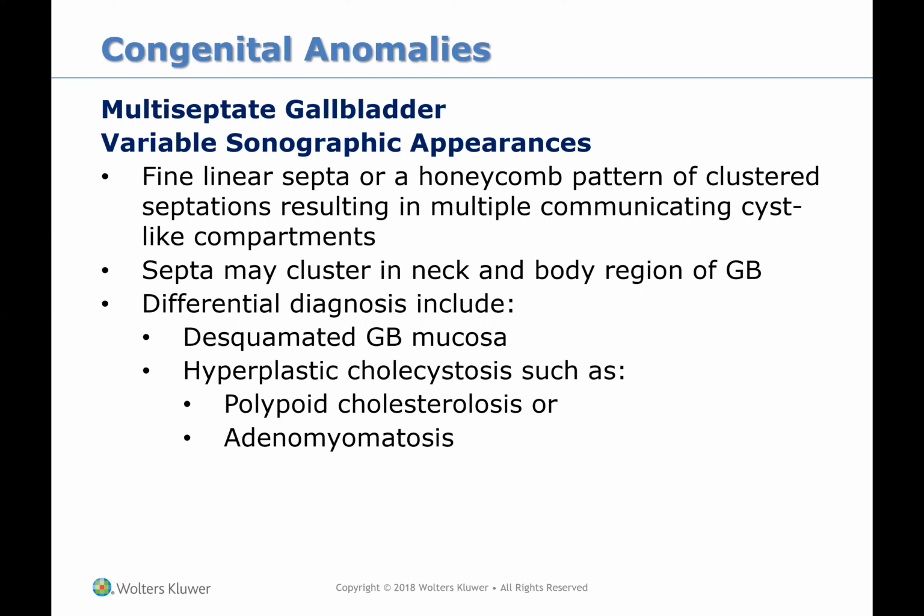Fine linear septa or honeycomb pattern of clustered septations result in multiple communicating cyst-like compartments. Septa may cluster in the neck and body region of the gallbladder. Differential diagnoses include desquamated gallbladder mucosa, hyperplastic cholecystosis, such as polypoid cholesterolosis, and adenomyomatosis.